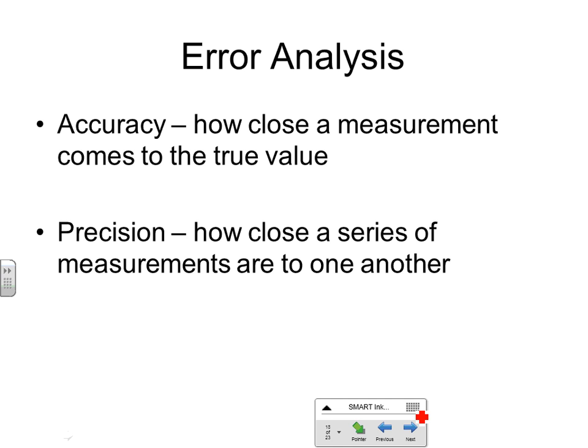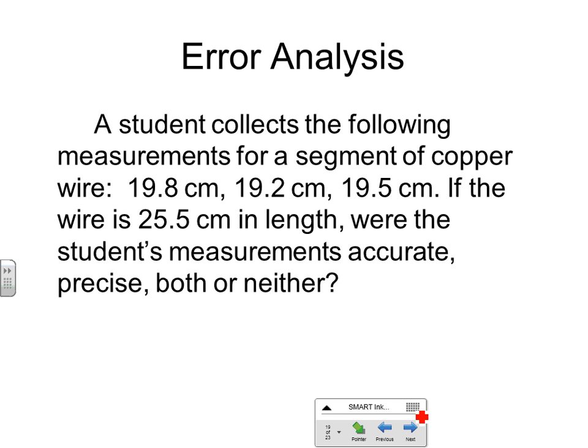So I'll show you maybe a basketball example. If you hit the hoop, you make the basket, you are accurate. If you hit the backboard 100 times, you're not accurate, but you're very precise. So with this question here, we've got a student collecting measurements, and each of the measurements are 19.8, 19.2, 19.5 centimeters.